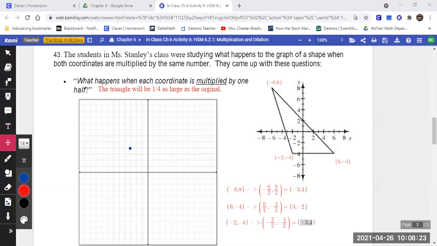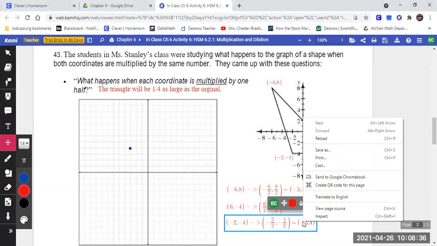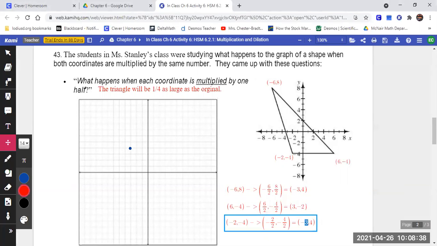There's some negatives going on in here. So what would it really be? -1, -2. Watch out for your negatives, okay?